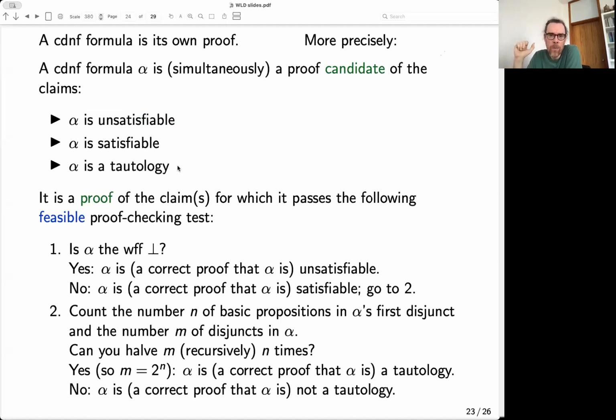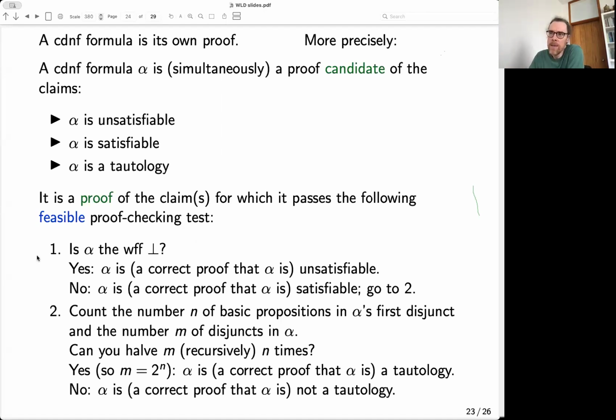And then which of those claims is it actually a correct proof of? Well, any of them for which it passes the proof checking test that I'm about to lay out. And the key point to note about this test is it is feasible. It's polynomial time.